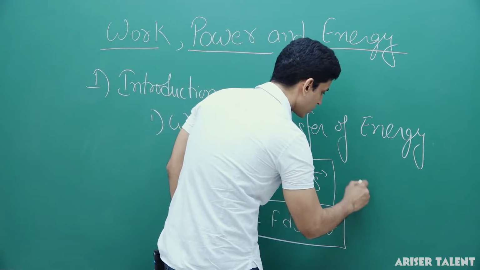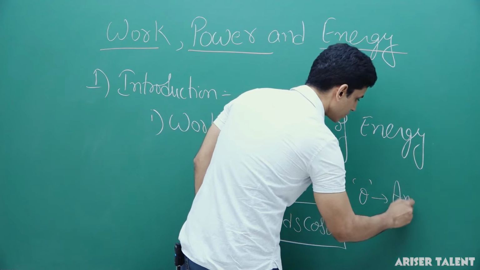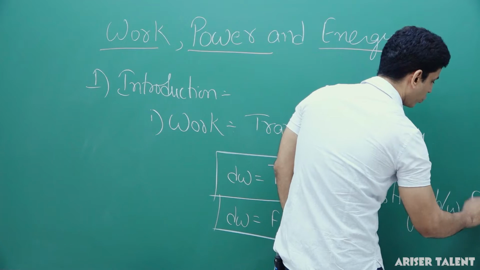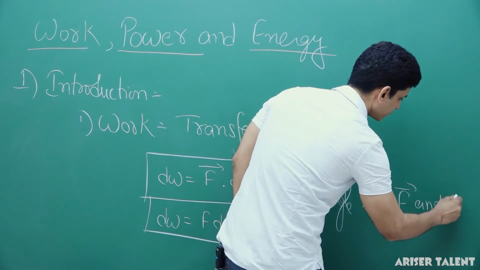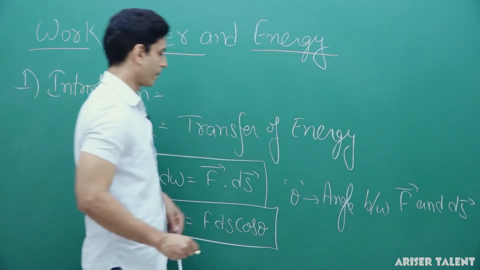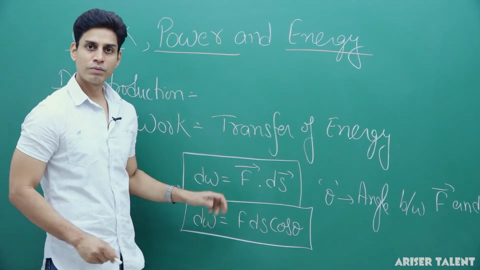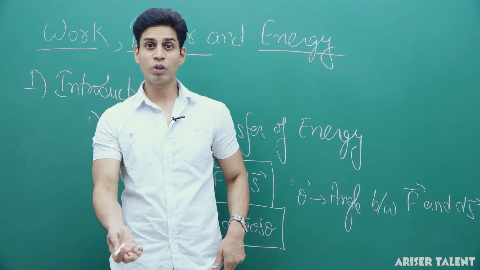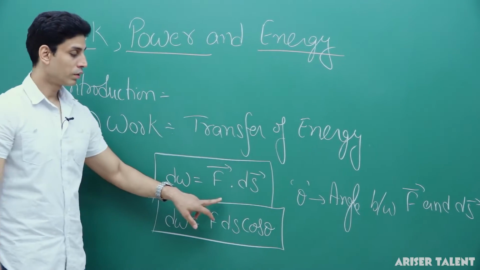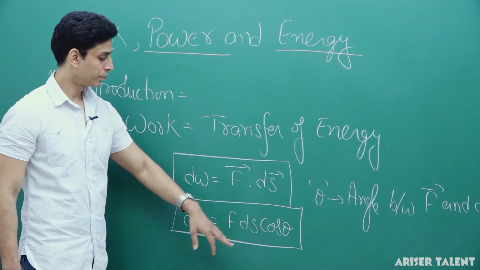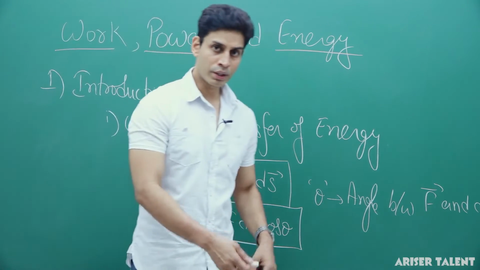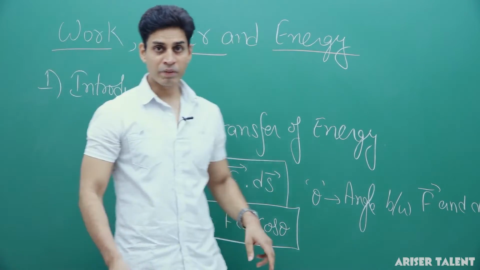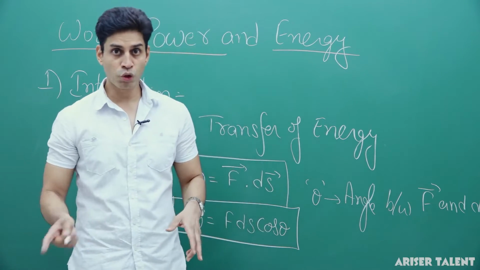What is theta? The angle between force and displacement. So work is the dot product of force and displacement. Actually work is transfer of energy, but its value comes out to be this force dot displacement. A dot B is AB cos theta. So it is F ds cos theta, and theta is the angle between force and displacement.